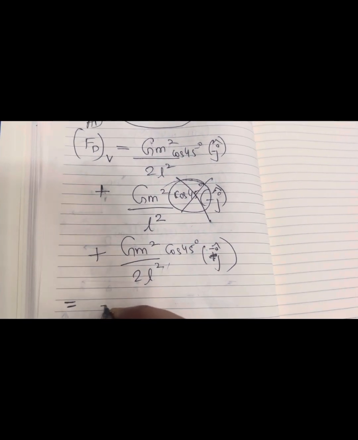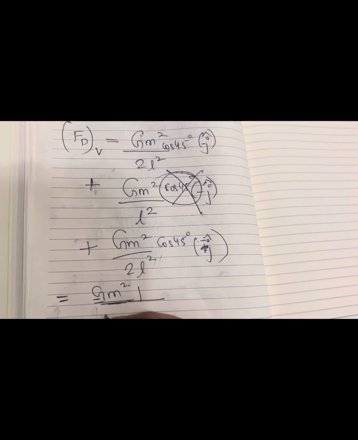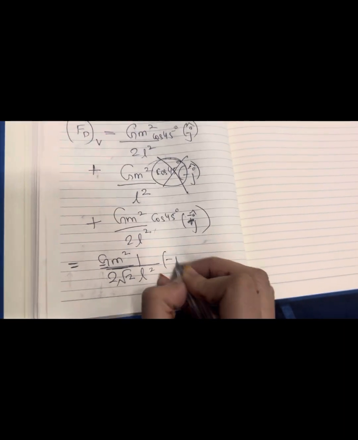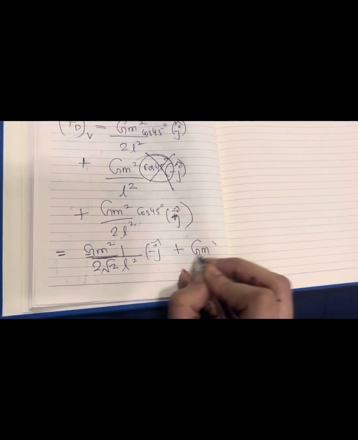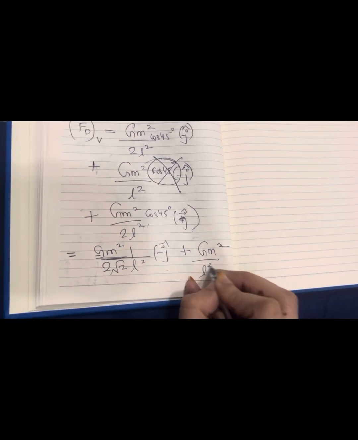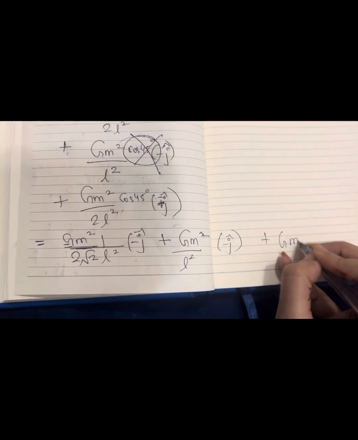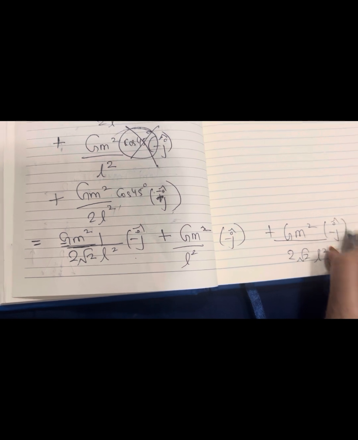So now we have Gm square, cos 45 is 1 upon root 2, so 1 upon 2 root 2 L square, minus j, plus Gm square over L square, minus j, plus Gm square over 2 root 2 L square, minus j.